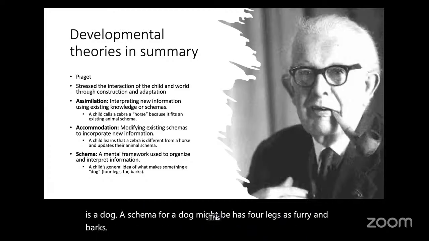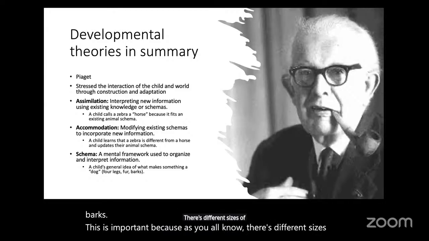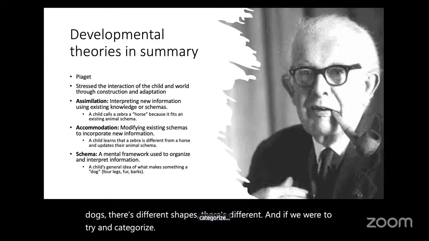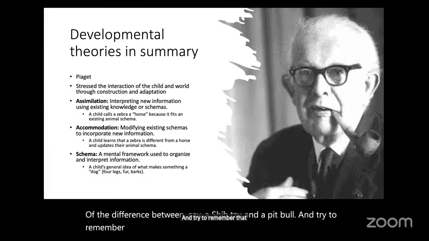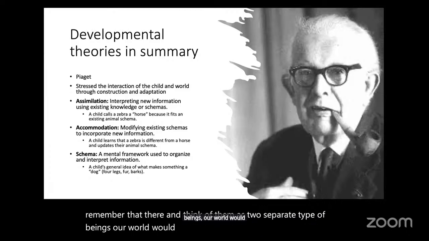This is important because, as you all know, there's different sizes of dogs. There's different shapes. And if we were to try and categorize the difference between, say, a Shih Tzu and a Pit Bull, and think of them as two separate types of beings, our world would become completely overwhelmed.